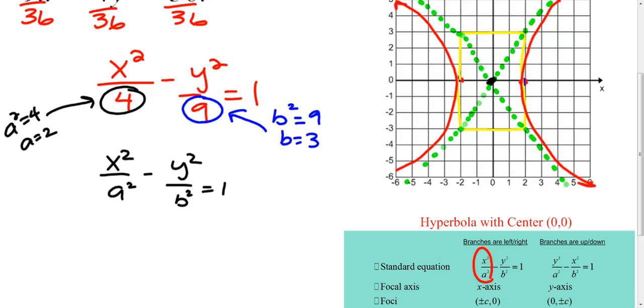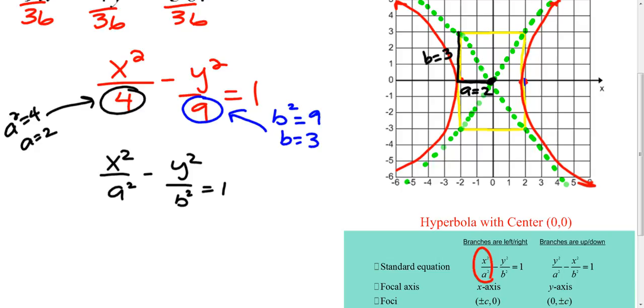All right. Now, I know that this is a left-right hyperbola, so I know that my foci have to be somewhere inside of that, and I'm going to figure out where my foci are in just a second. Here's what I know. I know that this distance right here, which is a, is 2. I know that this distance right here, which is b, is 3.